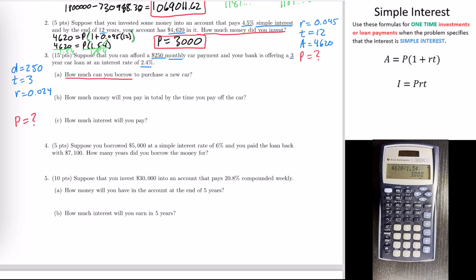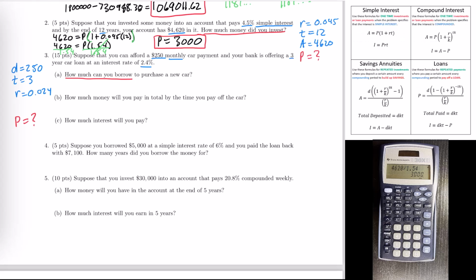So if we go through our questions to figure out which formula we want to use, the first question we ask is, does the problem say simple interest? And it just said that we have an interest rate of 2.4%. It didn't say that it was simple interest. So that means we can eliminate that option. And then we say, is this a loan situation or is this a savings situation? It's not a savings situation because we're getting a car loan.